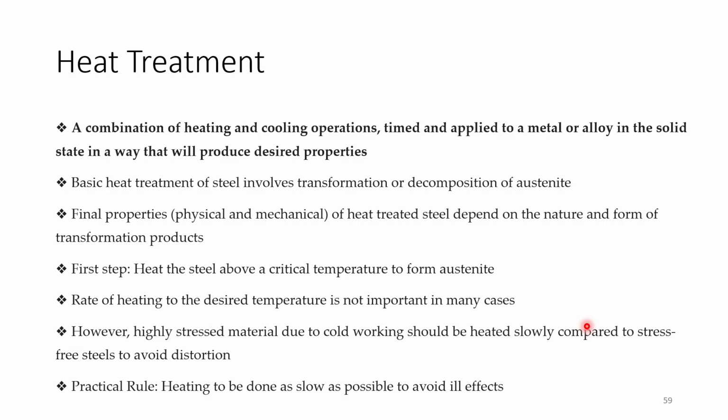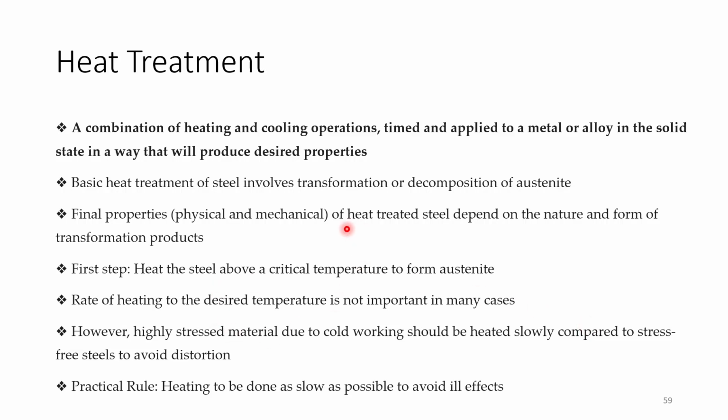Next is heat treatment. It can be defined by a combination of heating and cooling operations, timed and applied to a metal or alloy in the solid state in a way that will produce desired properties. The basic heat treatment of steel involves transformation or decomposition of austenite.